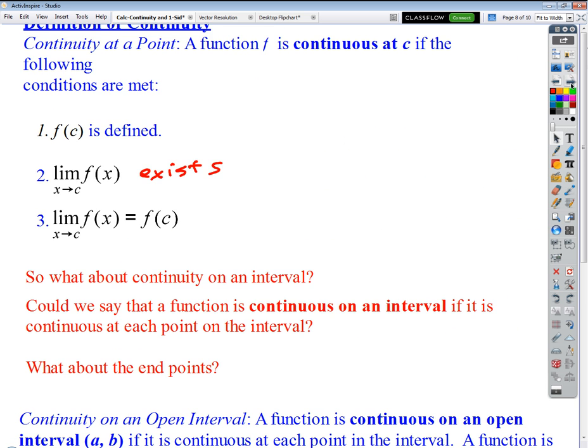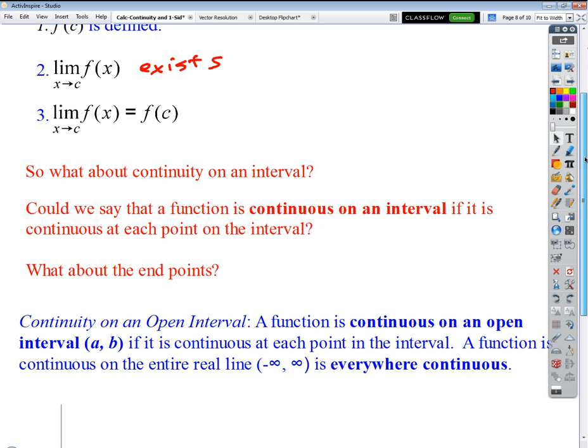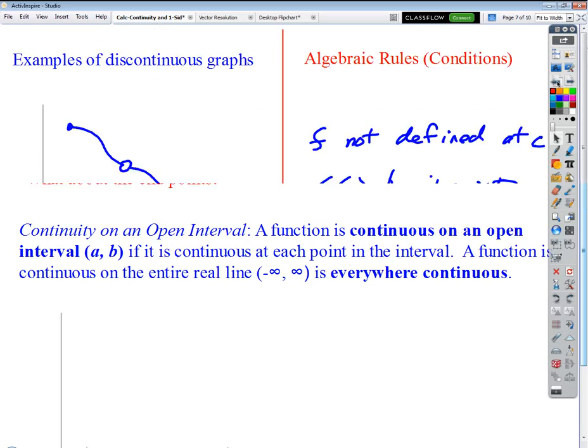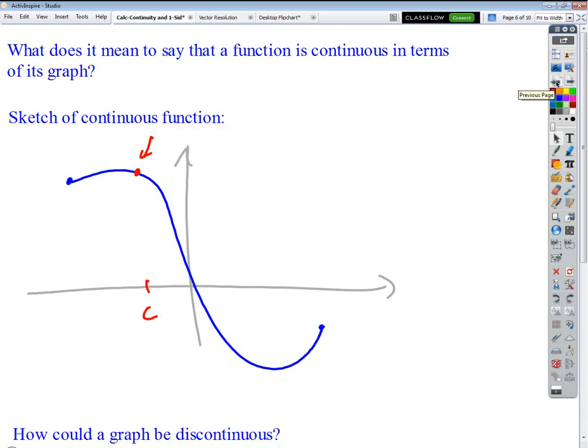So how are we going to do that? What about continuity on an interval? Could we say that a function is continuous on an interval somehow? What has to be true for the function to be continuous on the entire interval? All points need to be defined. Okay, true. They meet all three, they pass all three tests.